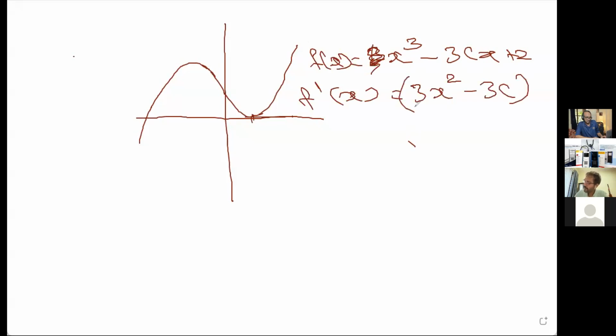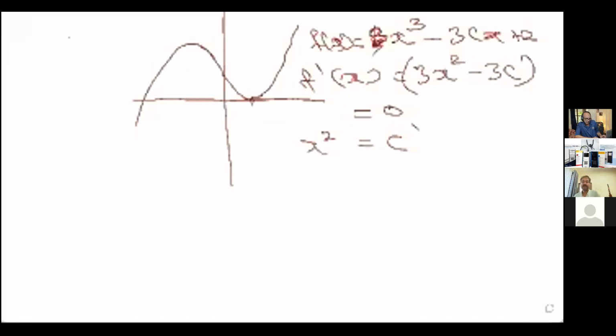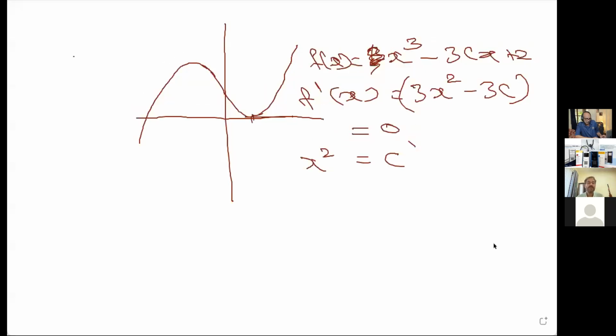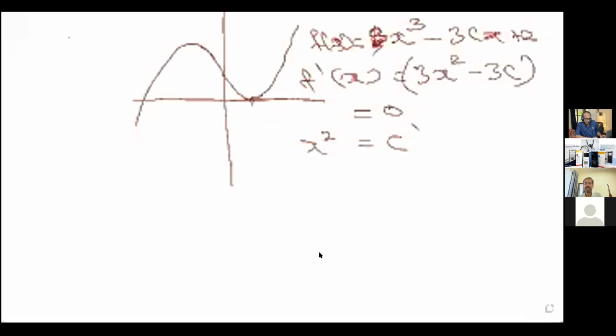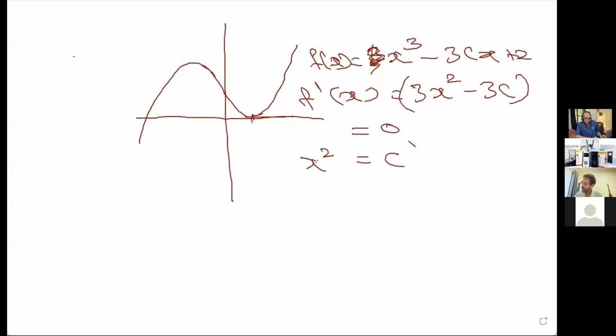That is the derivative. At maximum or minimum, it should be 0. So x squared is equal to c. Now, the question is to find the value of c so that you have one local maximum and one local minimum. So it means this value of c must exist.